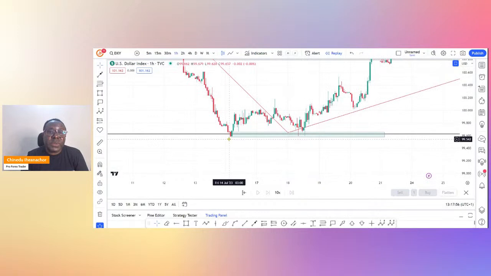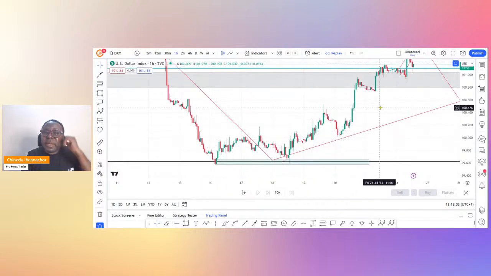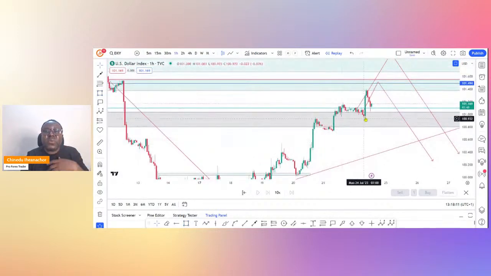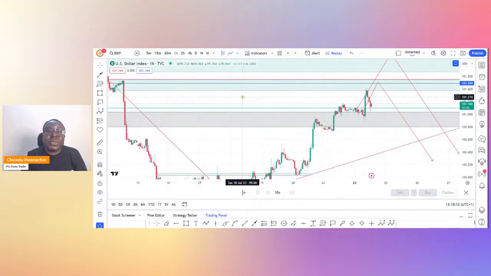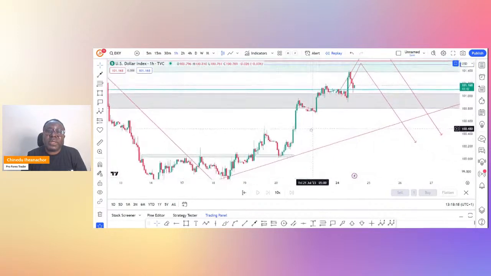All right, so this other block, market moved, retested it, and it started to correct, broke this neckline, and now started to correct. You could see this zone here was just broken, retested, and we saw all of this correction. Okay, and I think the correction is not over yet.